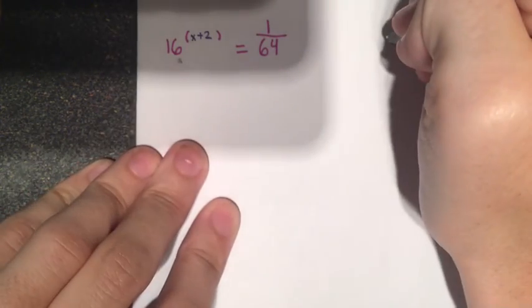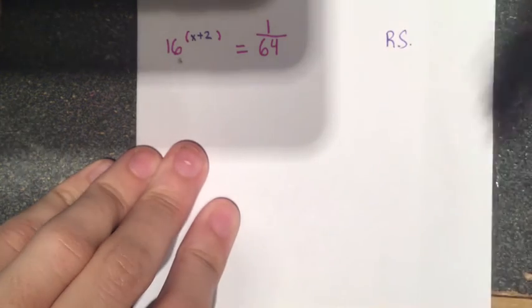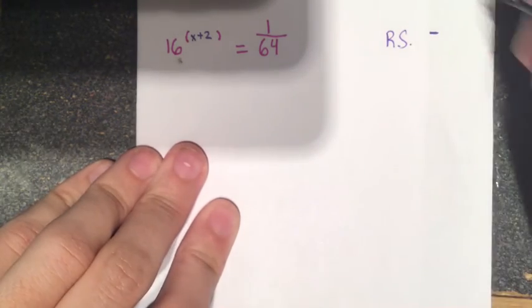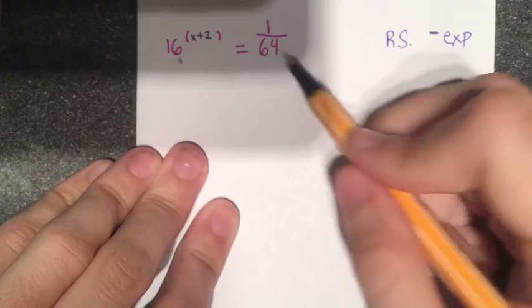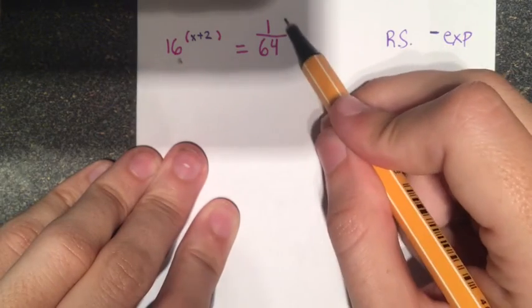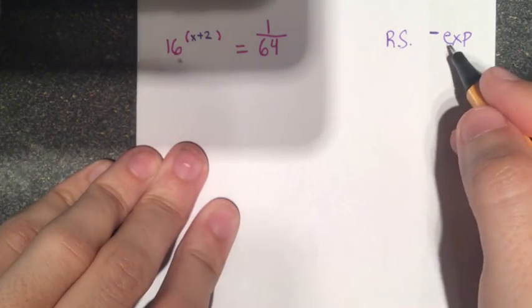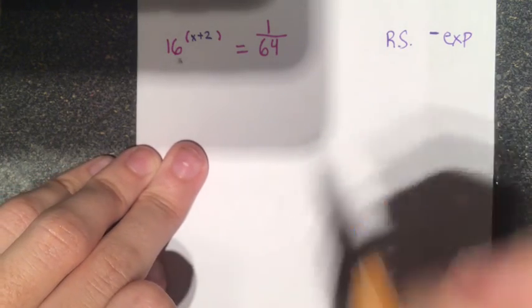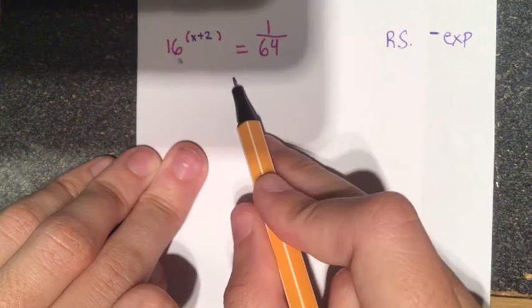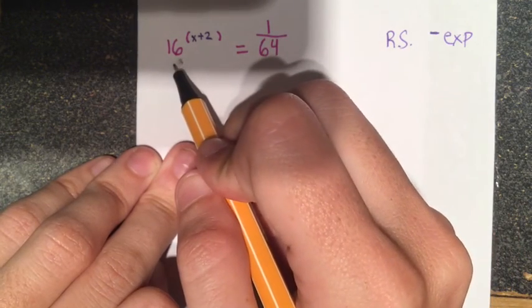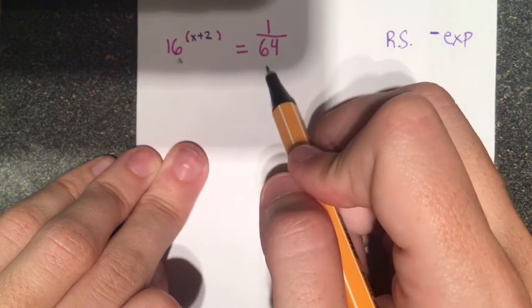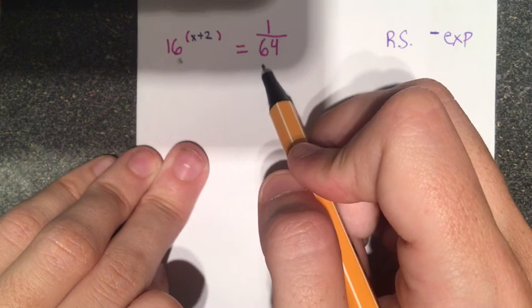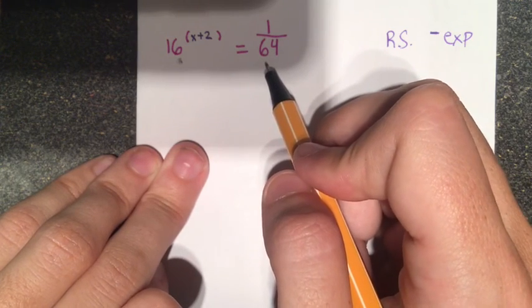So I know that my right side is going to have to be a negative exponent because I have a fraction here with a numerator of 1. What I'm also going to think about is, oh gosh, what number goes with both of these guys here? Oh, I know that 4 squared gets me 16. And then 4 to the third power is going to get me the 64.